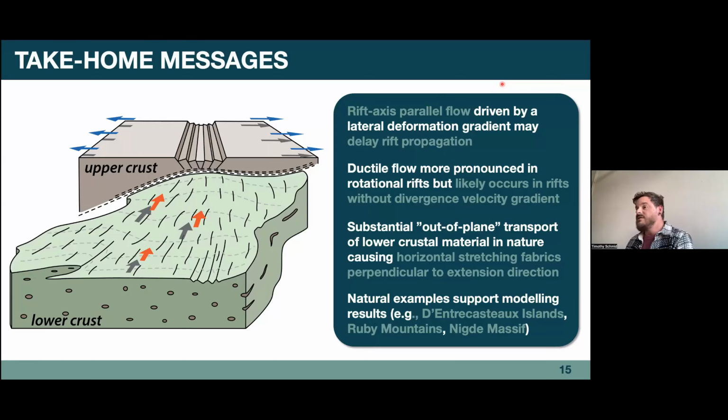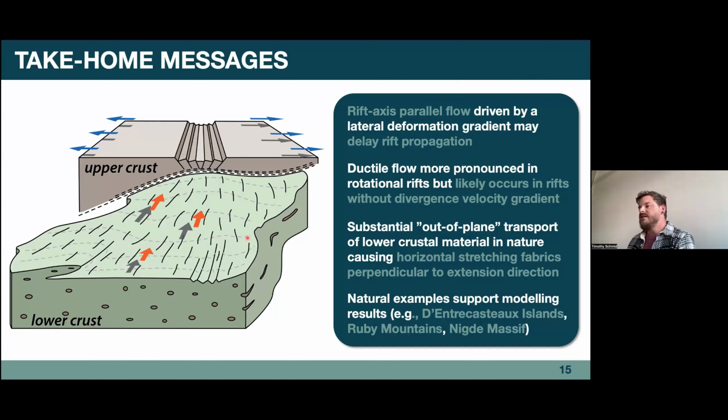This ductile flow is quite pronounced in rotational settings where we have a pronounced deformation gradient along the rift axis, but our models show that it's also likely to occur in rift settings without such a divergent velocity gradient. And if this flow is strong enough, then we can create such a stretching fabric which is perpendicular to the extension direction that we see at the surface.